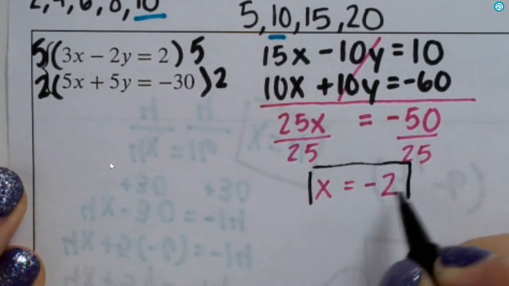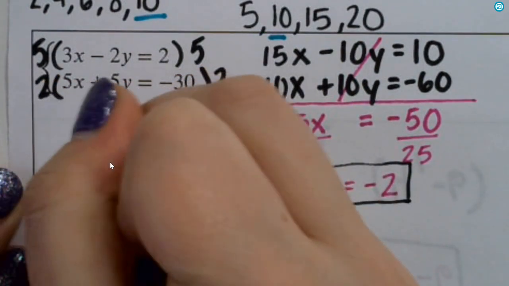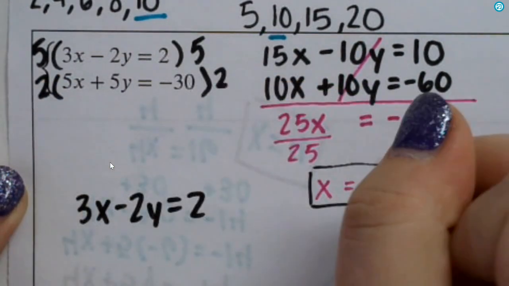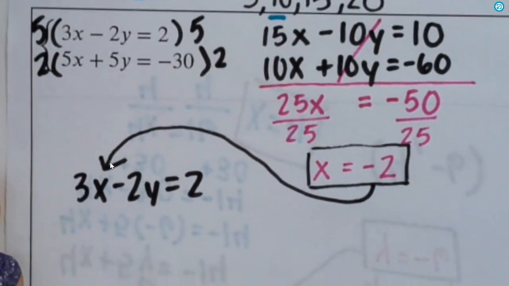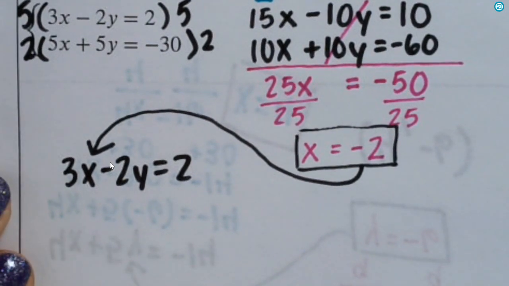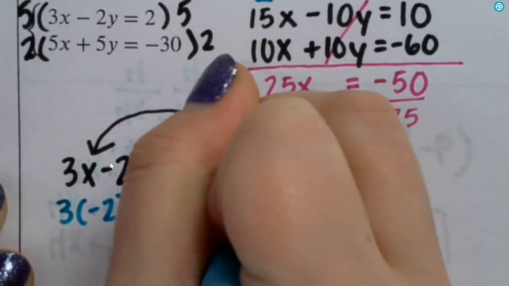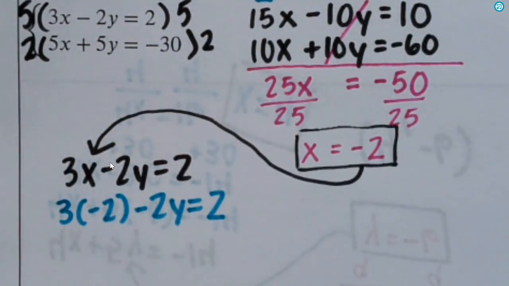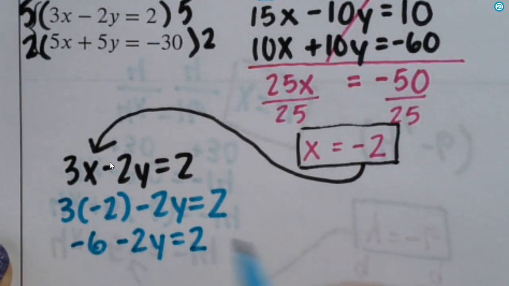And then we can take either original equation. I'm going to take the first one. So 3x minus 2y equals 2. We're going to plug in negative 2 for x. So that'll be 3 times negative 2 minus 2y equals 2. 3 times negative 2 is negative 6, minus 2y equals 2.